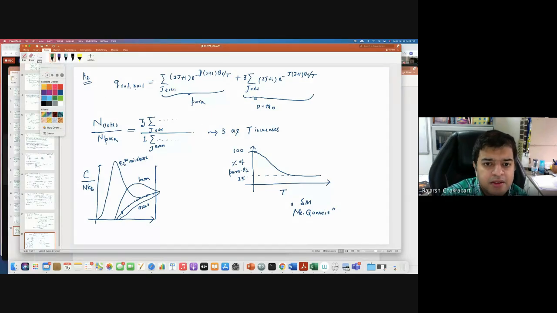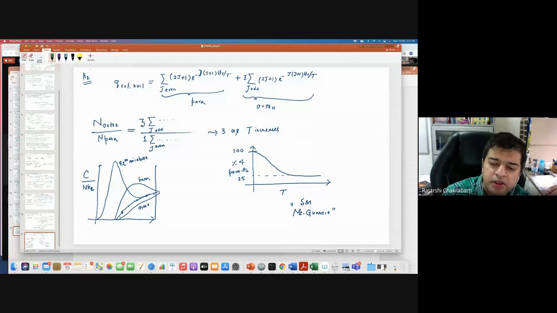Para hydrogen is something where even J levels are populated, and that combines with antisymmetric nuclear spin function, isn't it? For the ortho, the J is odd.